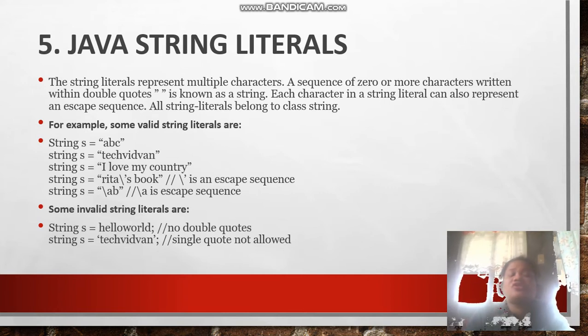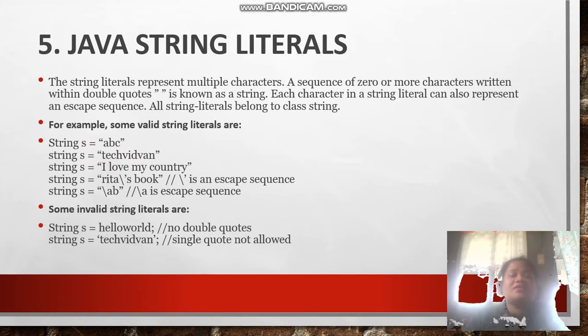Let's try some examples here. The string s is equal to "abc". We use double quotation marks there. And look at this example: string s is equal to "Rita\'s book". That is one phrase, but we use the \' there just for the single quotation, to separate that.